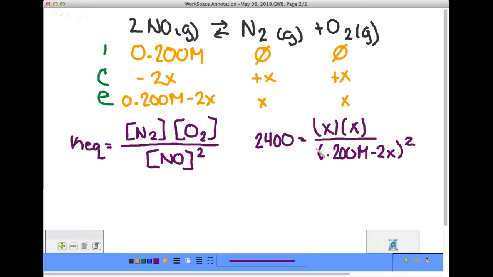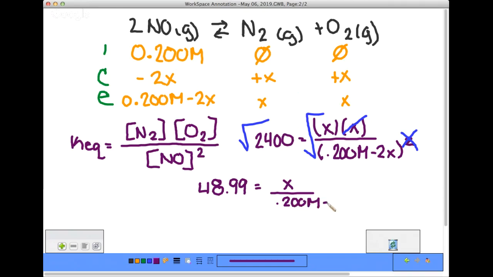That's a huge thing because now, since the top is pretty much squared and the bottom is squared, we could take the square roots of both sides. That gets rid of one of these x's and the square, which is really nice because it makes it a non-quadratic equation. If we take the square root, we get 48.99 equals x over 0.200 molar minus 2x.